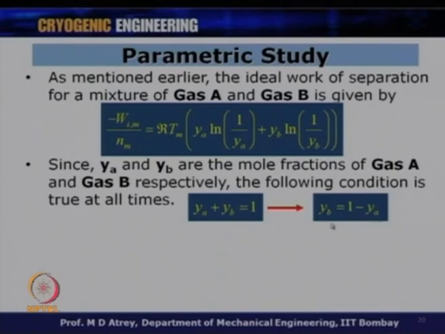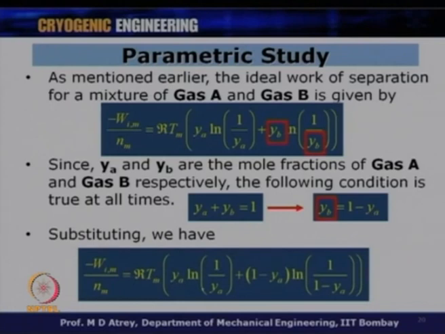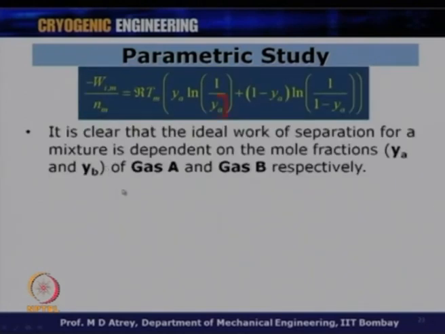If I put these two values, and this is possible when I am talking about a mixture of two gases, gas A and gas B, substituting these values, what you get is Ya log 1 by Ya plus 1 minus Ya log 1 minus Ya. We need not write Yb every time. So, I can understand from these figures that the ideal work of separation for a mixture depends on the mole fractions Ya and Yb of gas A and gas B respectively.